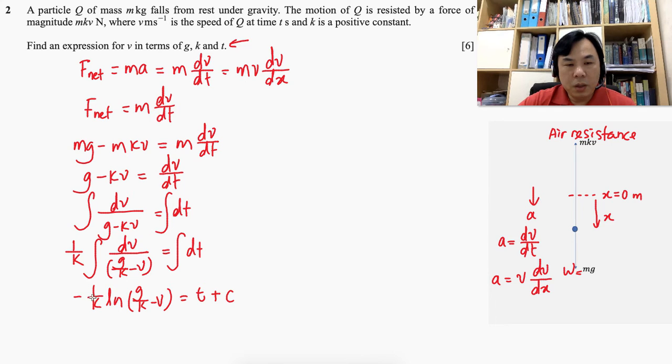Now you will notice that if I try to move the k from the left hand side to the right hand side, you will get a kc and a kt. Now k is a constant, c is also a constant. Therefore, that automatically is a constant itself. So therefore, I can simplify this to this.